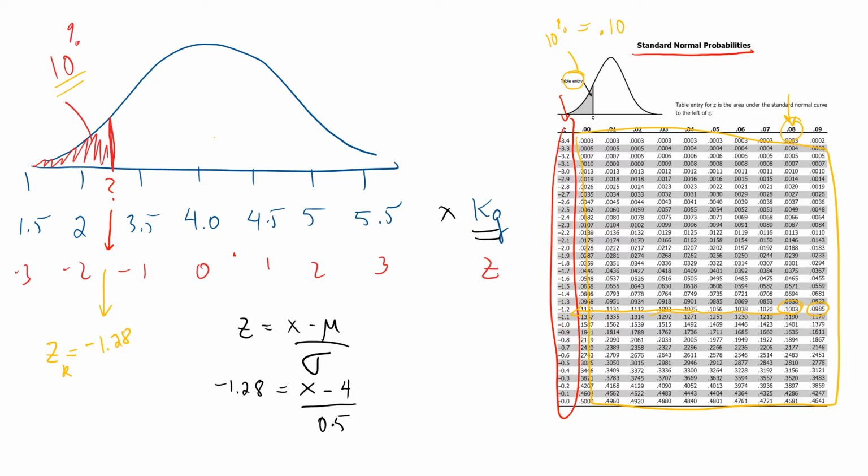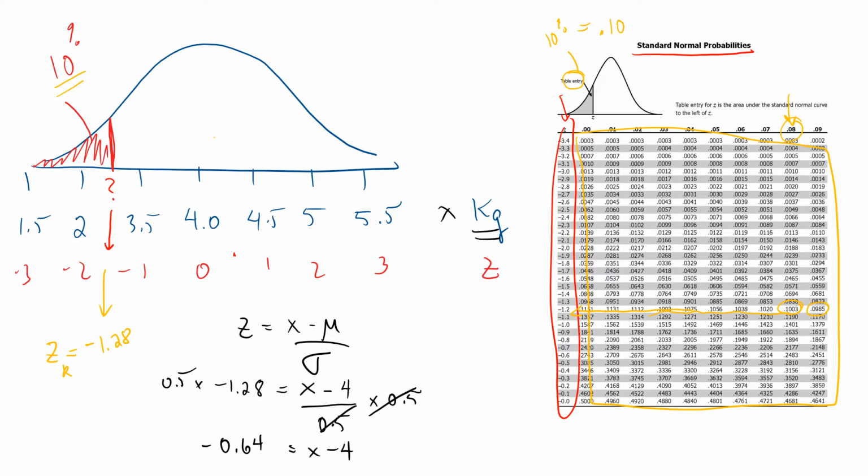I need to isolate the value of x there, and I'm going to do that by multiplying both sides by 0.5. That cancels the denominator here and gives me -0.64 on the left equals x minus 4. And then I'm going to add 4 to both sides.